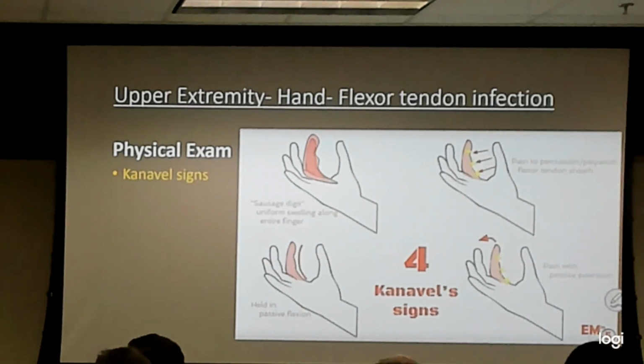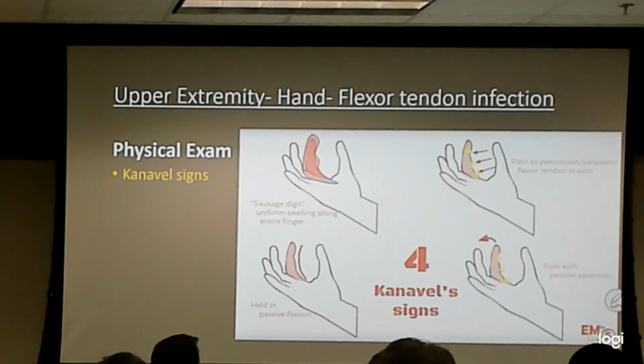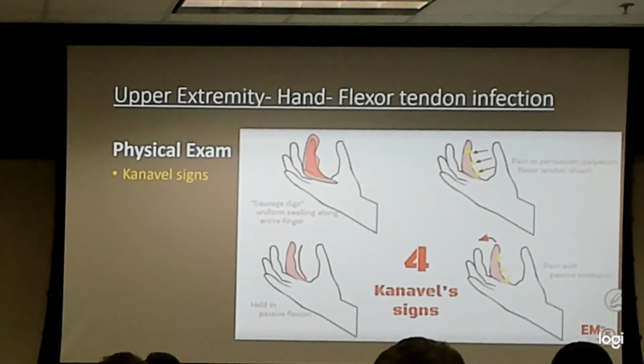Other cultures use sausage a little more than we do, but you should think, ew, that looks like a hot dog. Second, pain to percussion or palpation of the tendon sheath. In that area, from the DIP to the MCP, if you tap over that, they are going to want to get you away from them. It's uncomfortable, they don't like it.